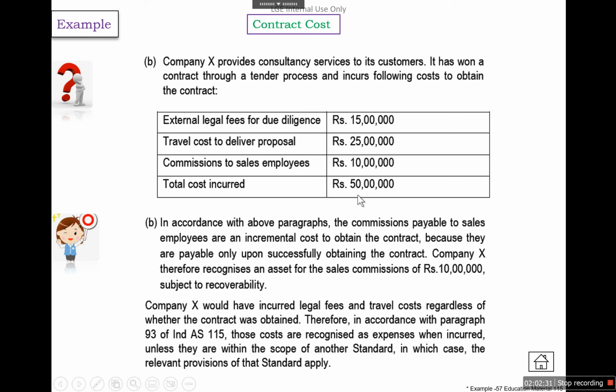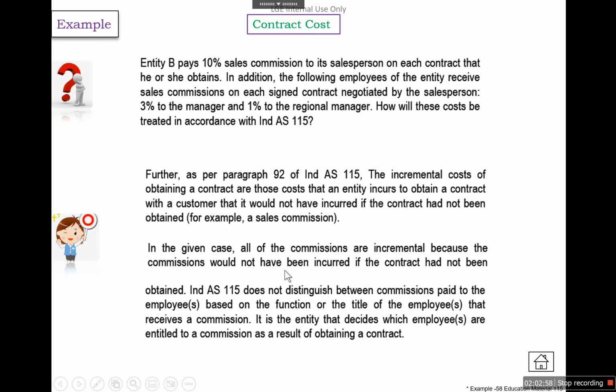In this case, if we check the first condition, that is incremental cost of obtaining a contract, we would have incurred the legal fees whether the contract was obtained or not, so it will not be considered. Travel cost we would have incurred as well. Commission is the cost that would not have been incurred if we had not obtained the tender. So 10 lakhs will be considered as an incremental cost.